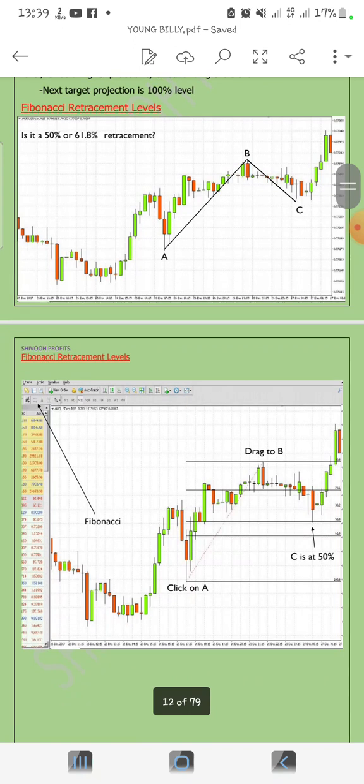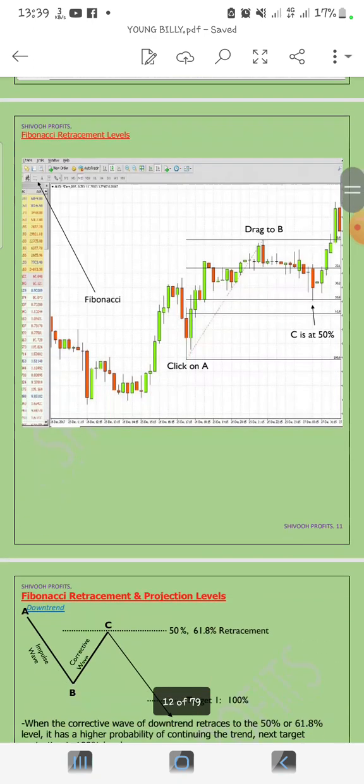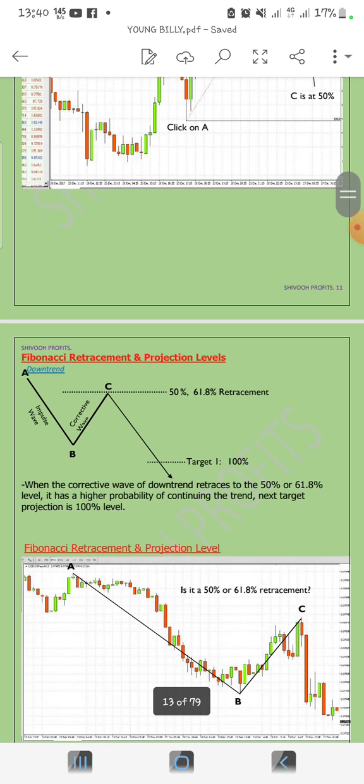When you take your Fibonacci, you click on A, drag to B, and C, you can see that C is at 50%. So that's the Fibonacci retracement and projection level.